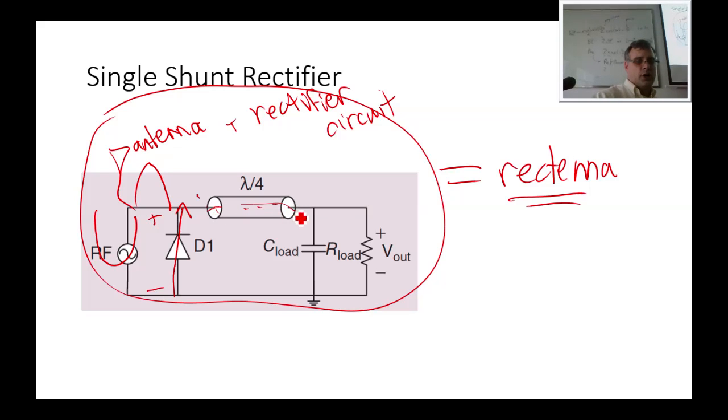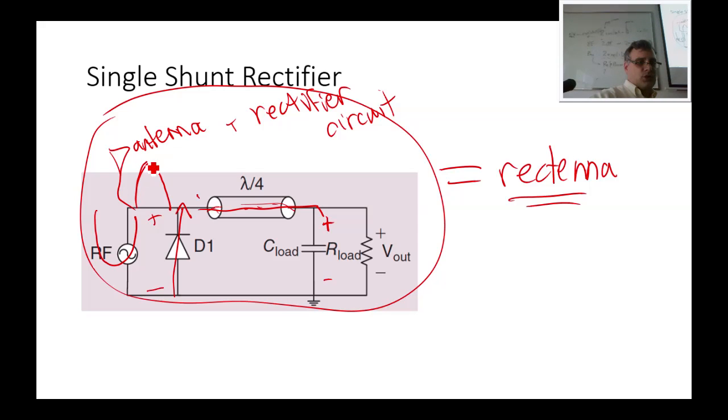This is just a wire or an electrical pathway that is electromagnetically significant, quarter of a wavelength in length. But it doesn't matter. To a DC charge, quarter of a wavelength at RF is just a little electrical path. So it's going to travel over here, and deposit across that capacitor. There's nowhere else for it to go at that point.